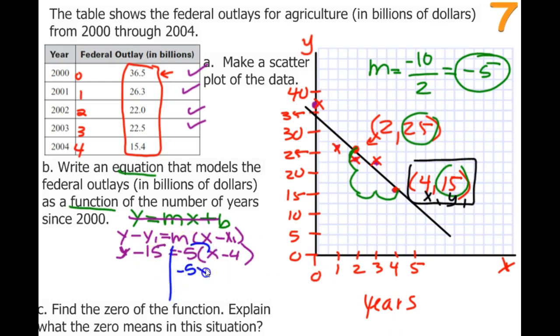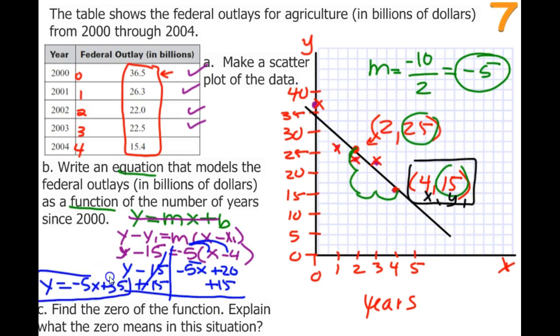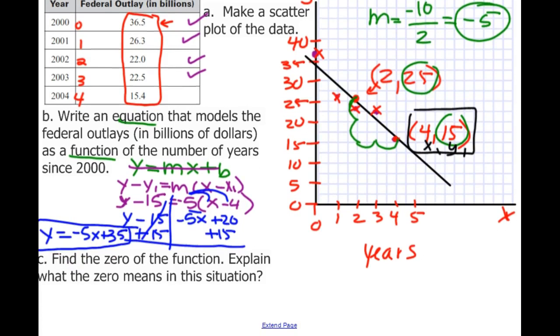Negative 5 times x is just negative 5x. A negative times a negative makes a positive, and 5 times 4 is 20. And then add 15. Our equation would be y equals negative 5x plus 35, since 20 plus 15 is 35. So this one happened to be a nice number. You might have decimals if you picked different points.